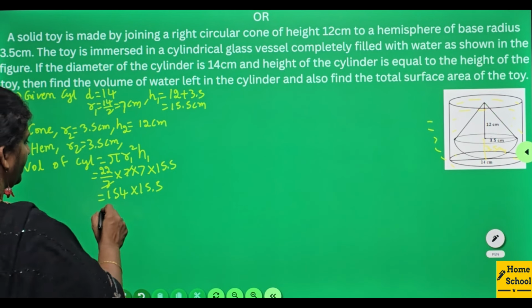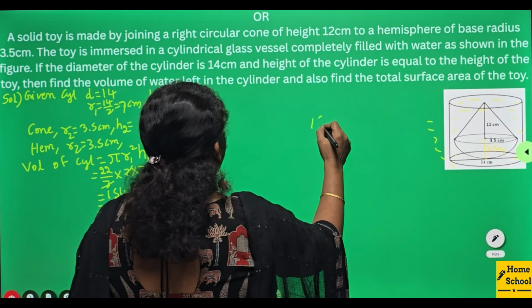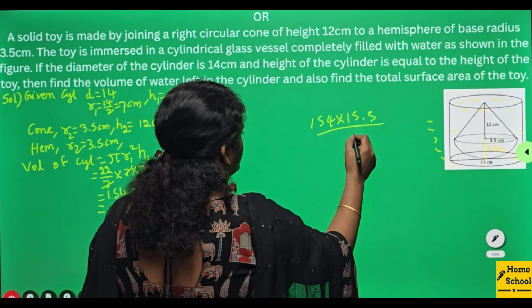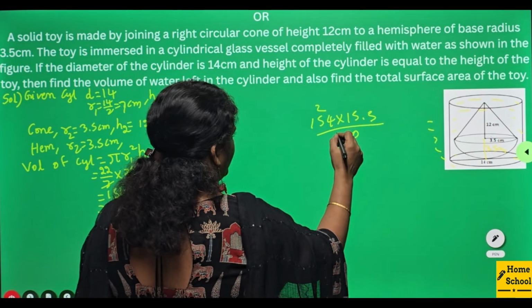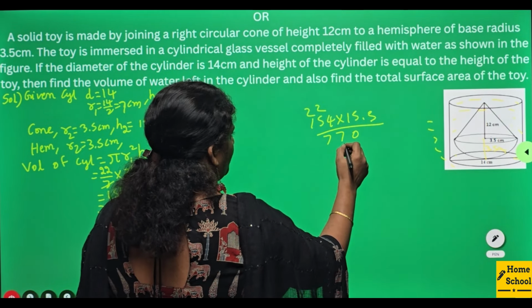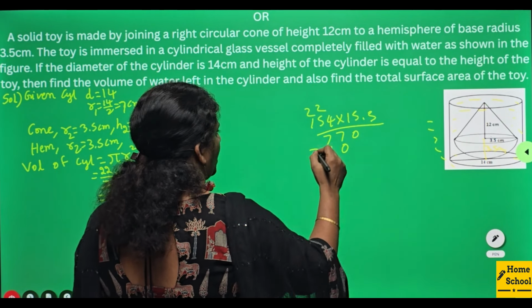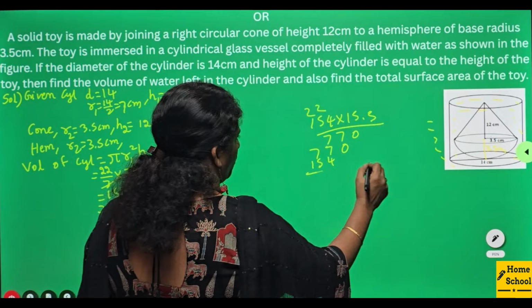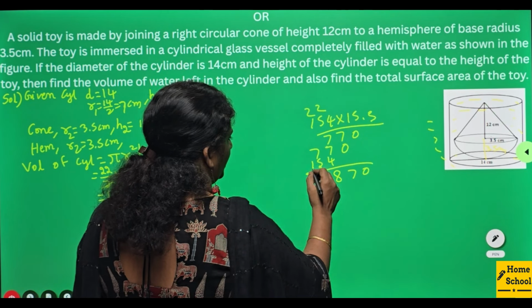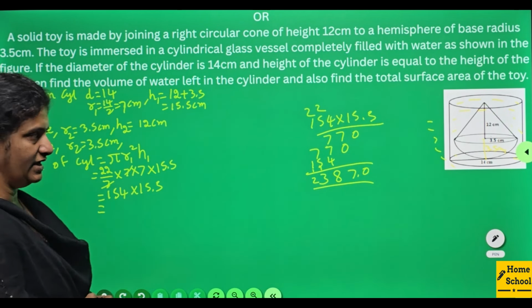Do the multiplication carefully. What we are going to get? 154 into 15.5. 5 4s are 20, 5 5s are 25, 27, 7. And here 5 4s are 20, again it is 770. And now with 1, 1, 5, 4, 0, 7, 18, 13, 2. This will be 2387.0.